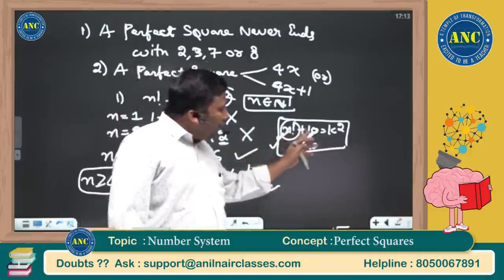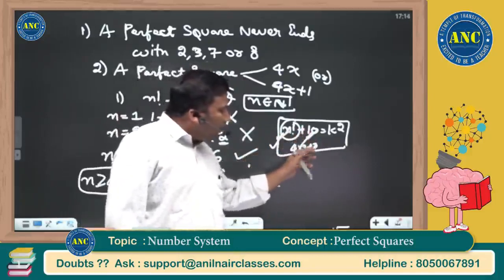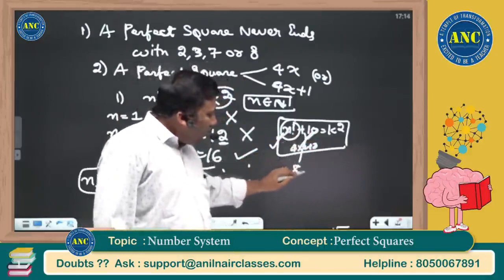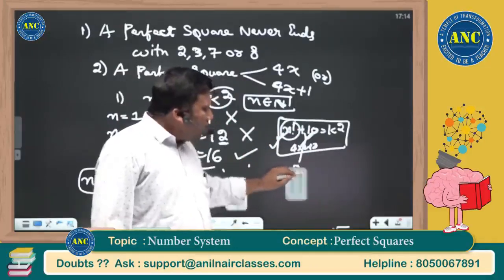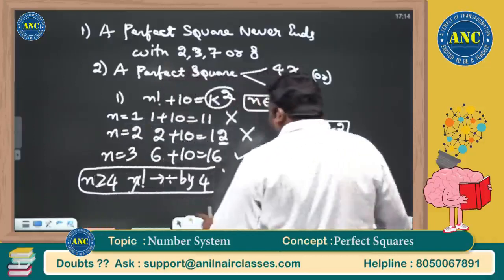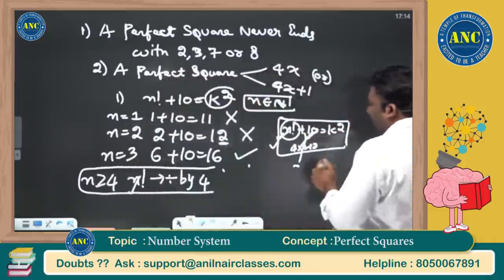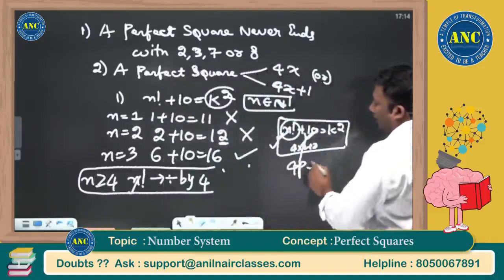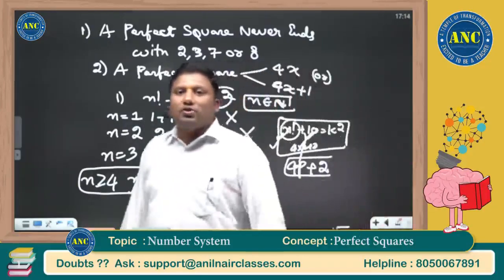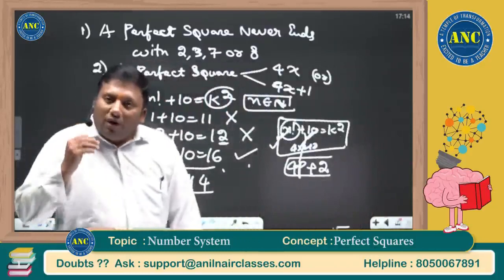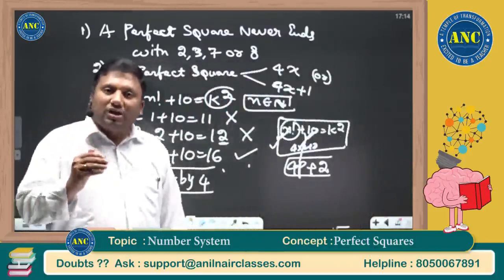So the left hand side will be 4 into something plus 2. But the right hand side is nothing but k square. k square is a perfect square. A perfect square will always be of the form 4 into something or 4 into something plus 1.